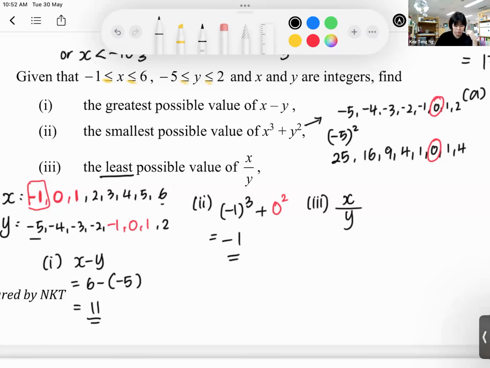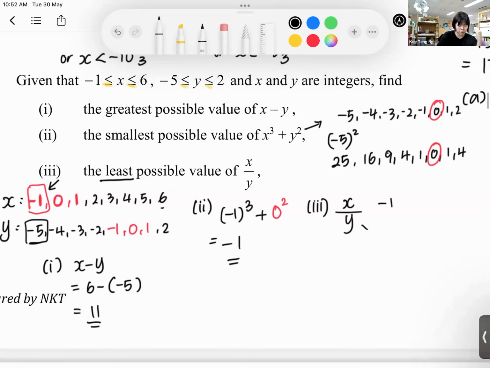If x is negative, as negative as possible, x has the number -1. Am I going to use this? Or can I use 1, 2, 3, 4, 5, 6? I don't know. Then look at y. What are the possible values for y that it can be negative? y has -5, right? Am I going to use -5? Or can I use other numbers? Which one am I going to make negative?